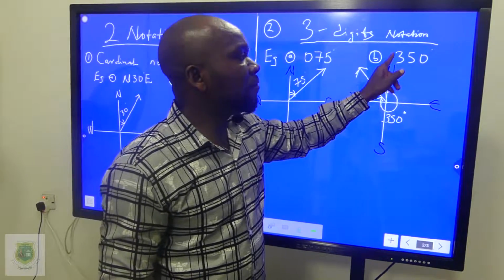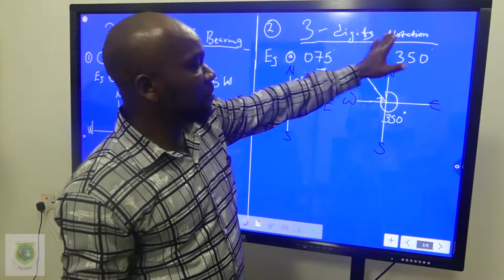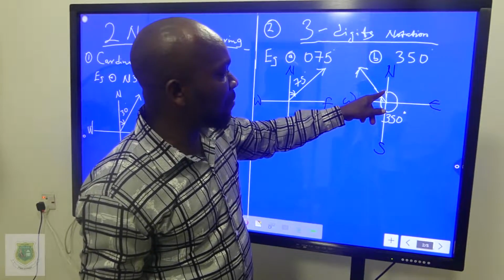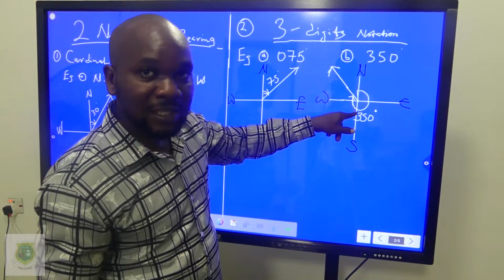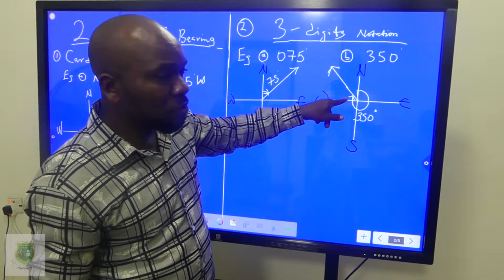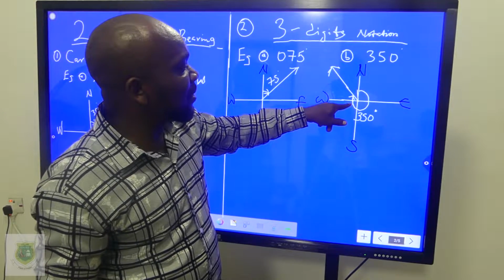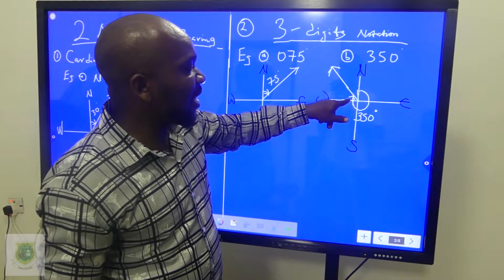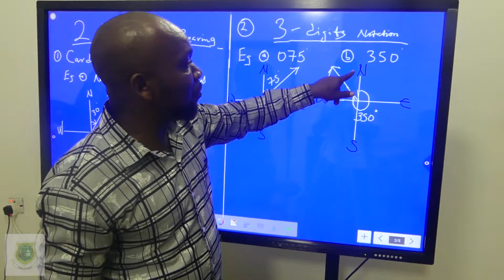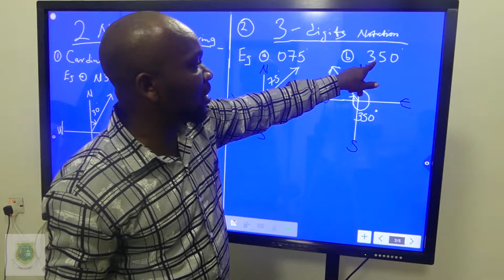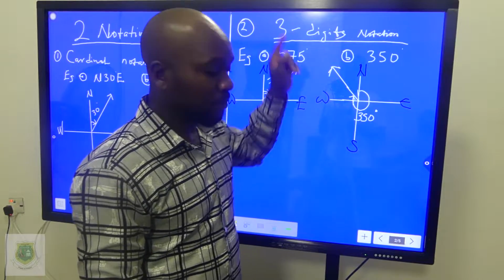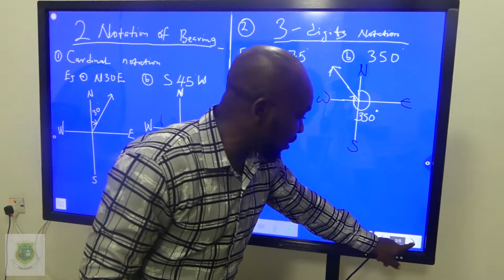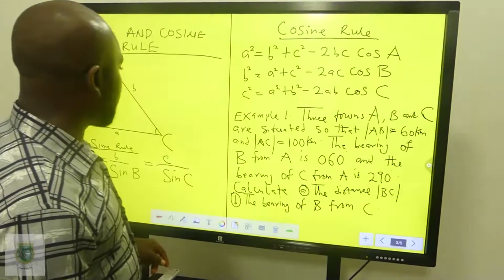In this one, it is 350 degrees. You start from the north: 90, 180, 270. At 270 you enter the last quadrant, which is where you will get 350. I hope you are getting what I'm saying. Then let's proceed.